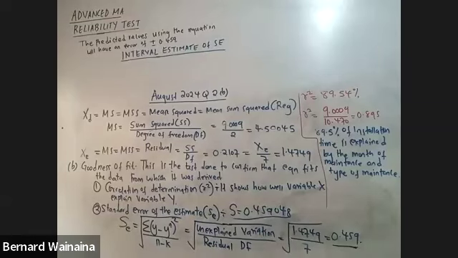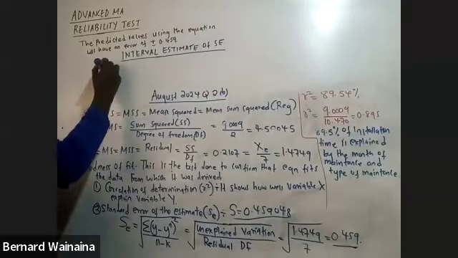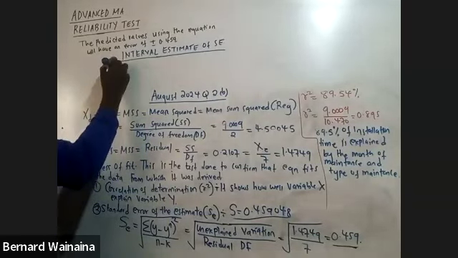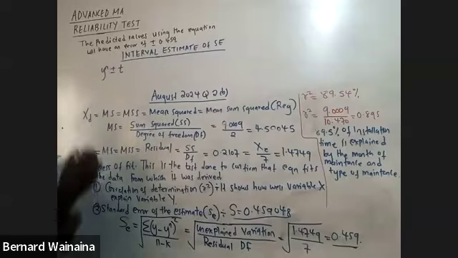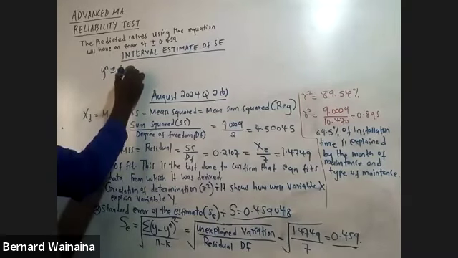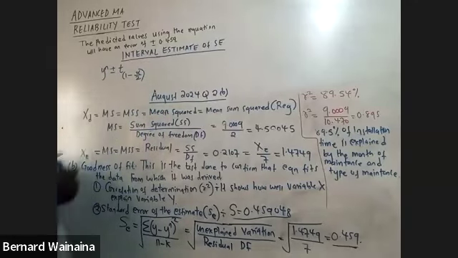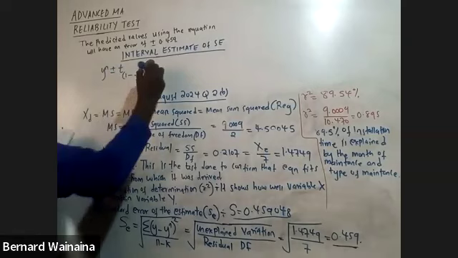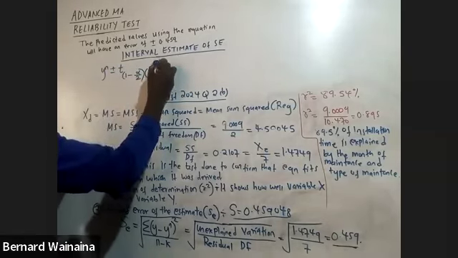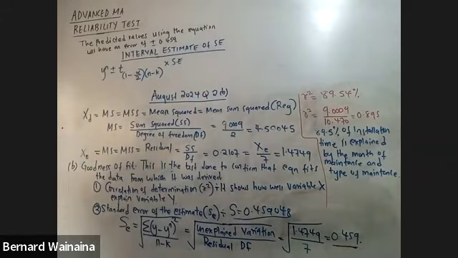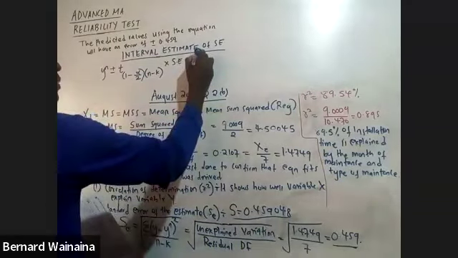But remember, for us to predict, we need Y hat, which is the predicted value, plus or minus t statistic 1 minus alpha over 2, then n minus k, then you multiply with the standard error. That's how you find it. So this one is at 95% interval.